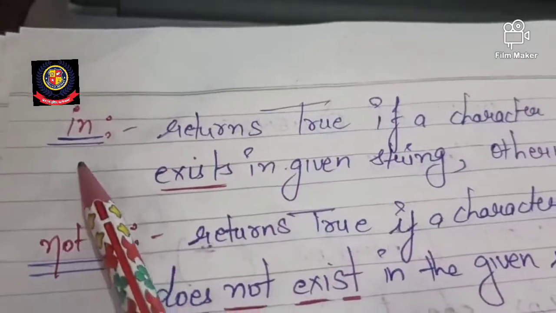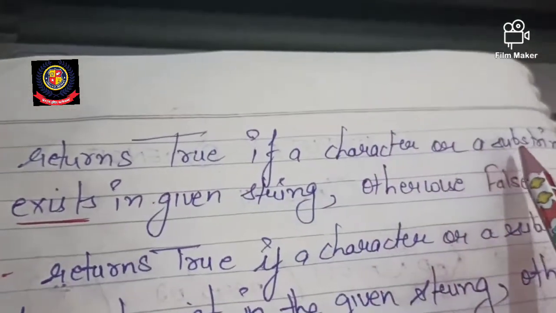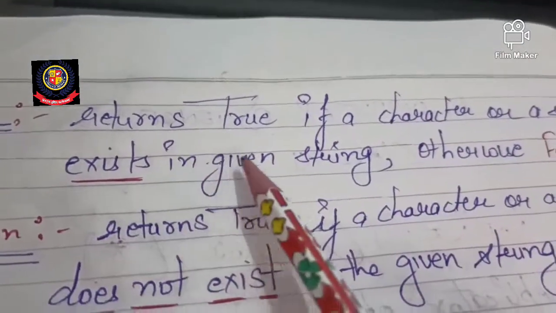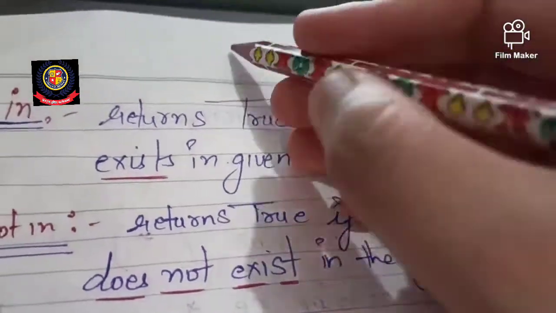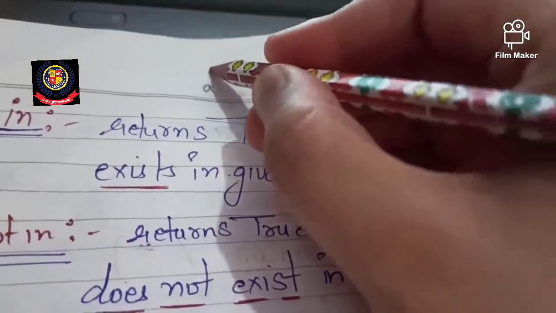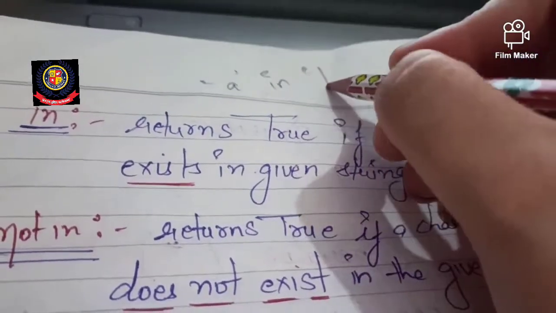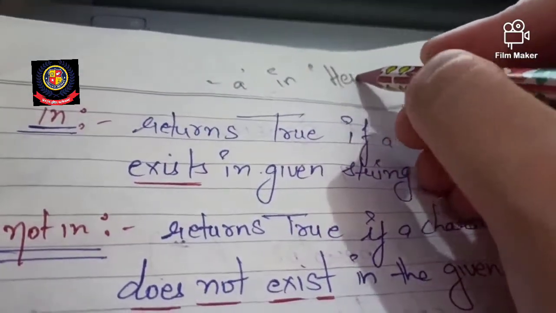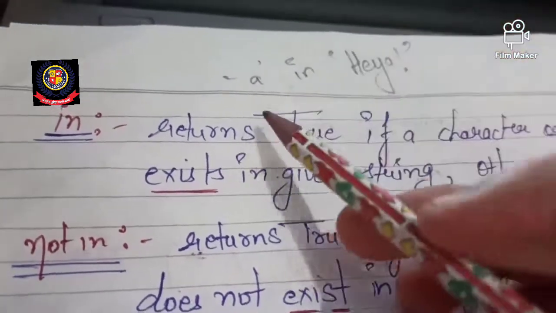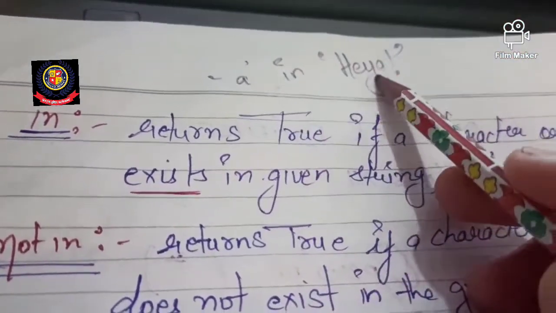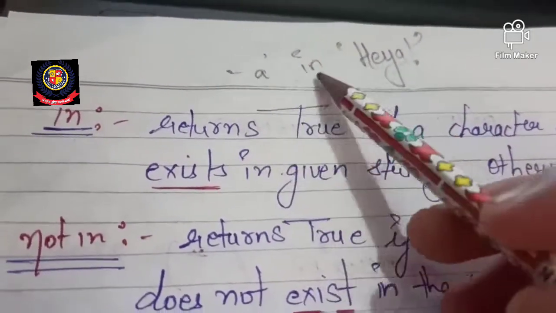As written here, in returns true if a character or a substring exists in the given string, otherwise false. Whatever string we have taken, suppose I have taken A, okay, whether this A is a character of the string here, yes, as we can all see, A is a part of the string, so it returns the value true.